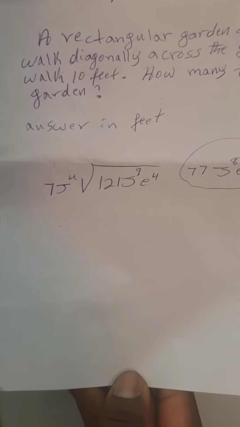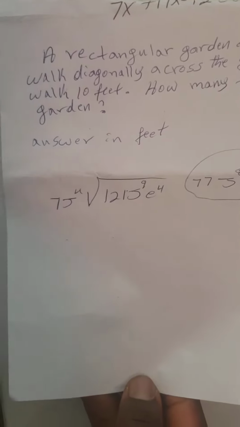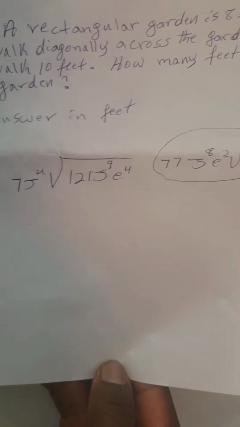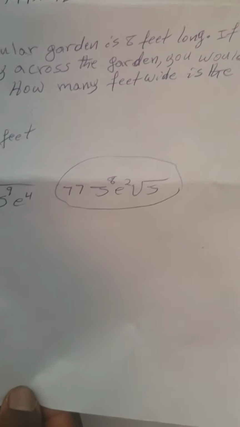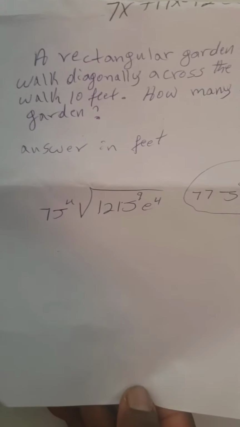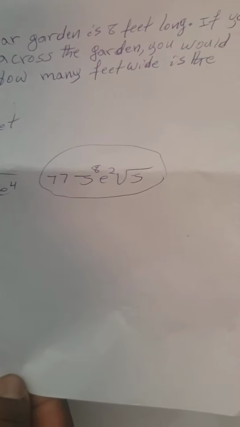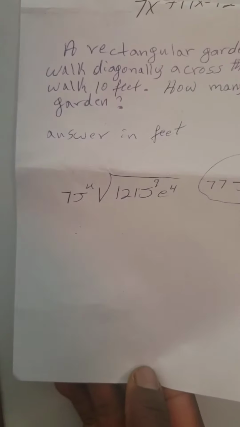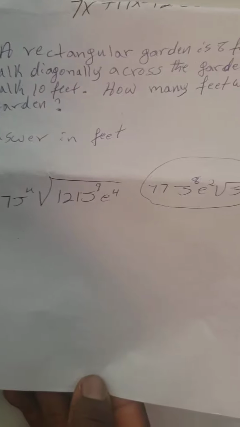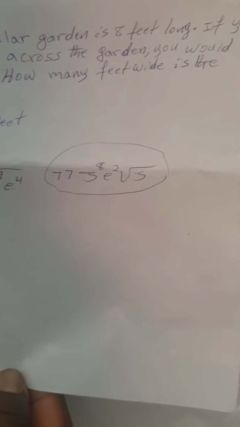Okay, guys. In this example, a rectangular garden is 8 feet long. If you walk diagonally across the garden, you would walk 10 feet. How many feet wide is the garden?